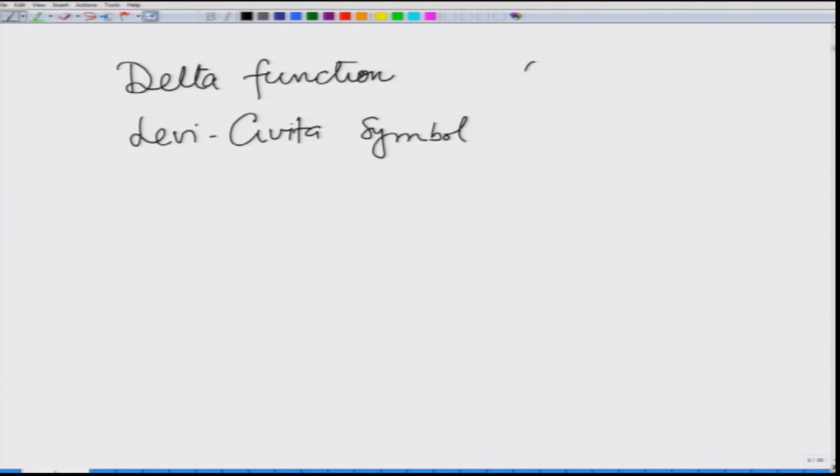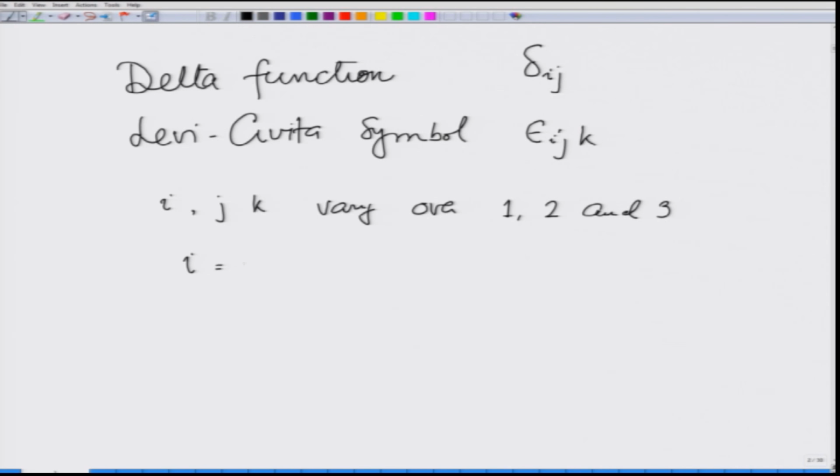This I am going to denote as delta i j, and this I am going to denote as epsilon i j k, where i, j or k vary over 1, 2 and 3. That means i could take values 1, 2 or 3, j could take values 1, 2 and 3 and so on.